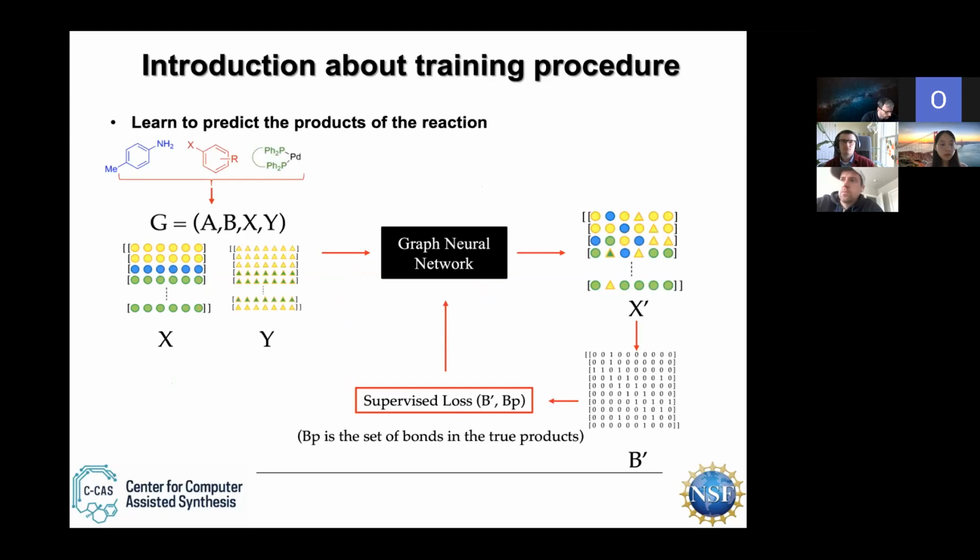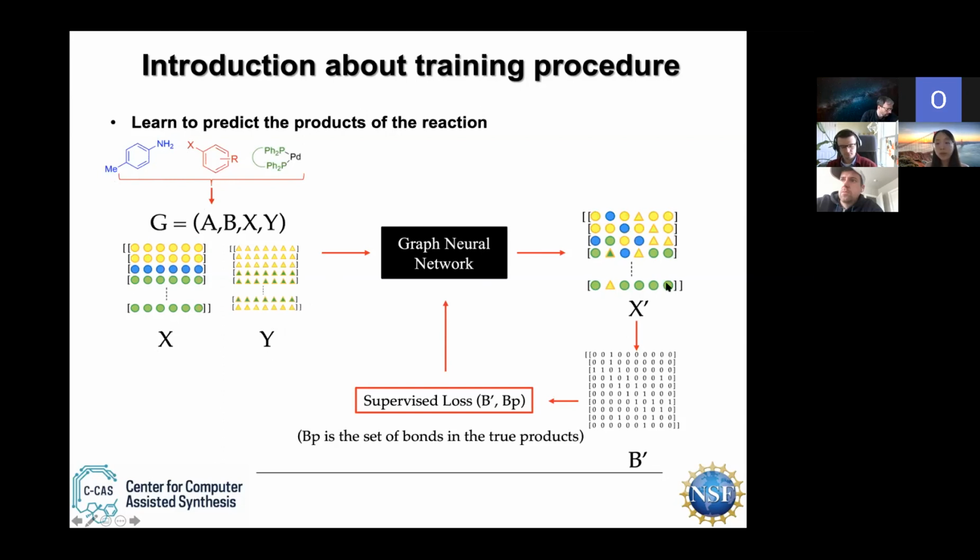Firstly, we take these three input molecules together to define the molecular graph. You can see that the atoms from these three different molecules are disconnected. After we define this molecular graph, we can obtain both the atom content matrix X and the bond content matrix Y. Then we will use a graph neural network to learn the information from the graph structure and update the representation of each atom.